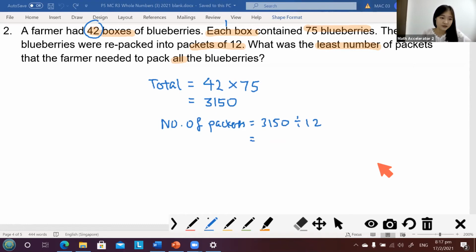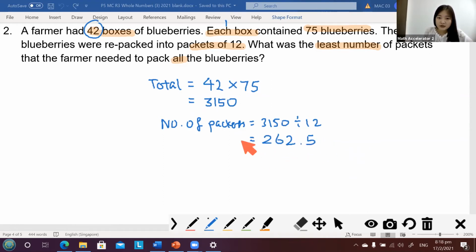Is it an exact answer? No, it's not exact, correct. So what will you get? 262.5. Or you put remainder also.